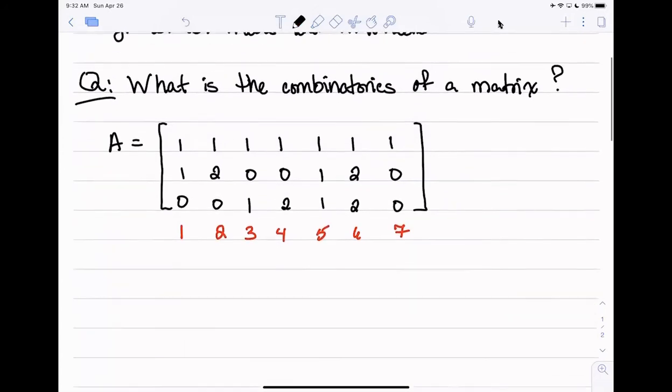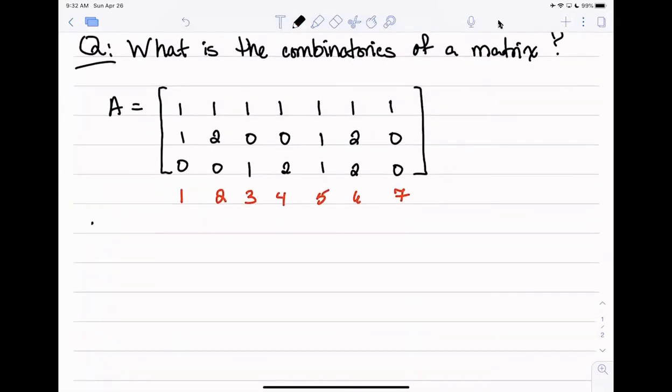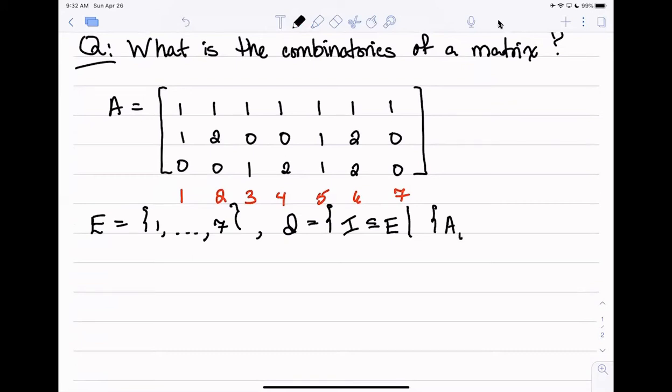So in particular, let E be the set 1 through 7. Then I'm going to define a set script I to be the subsets of E that index linearly independent sets. So for example, if I call the columns of my matrix a_i, then I'm going to look at the subsets that index these so that that set would be linearly independent.